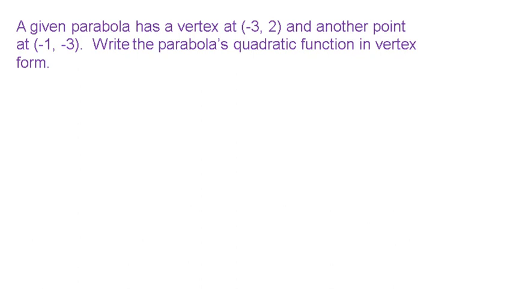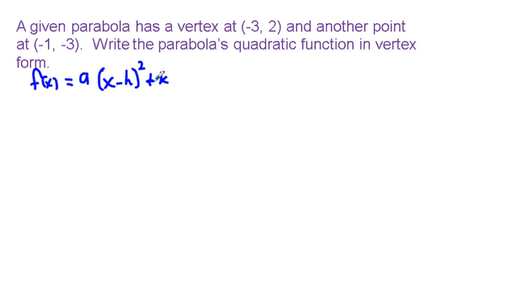A given parabola has a vertex at negative 3, 2, and another point at negative 1, negative 3. Write the parabola's quadratic function in vertex form. Well, again, we have our standard form. Our vertex form is f of x equals a times quantity x minus h squared plus k.